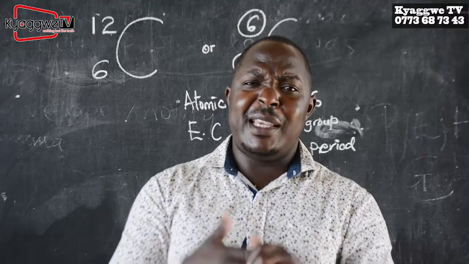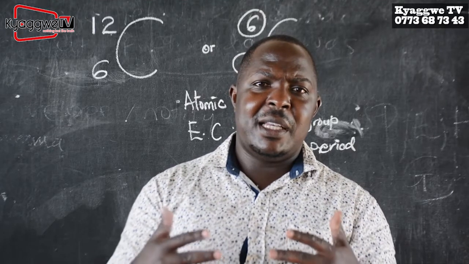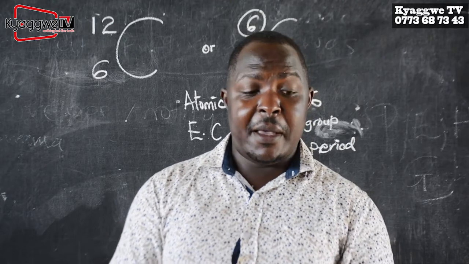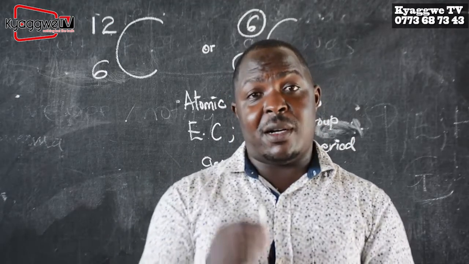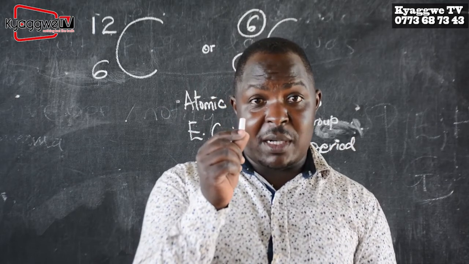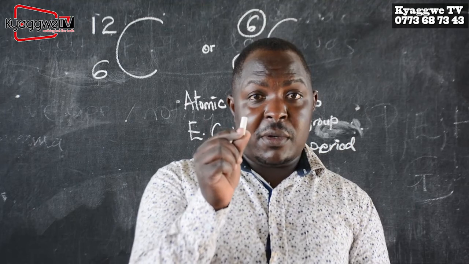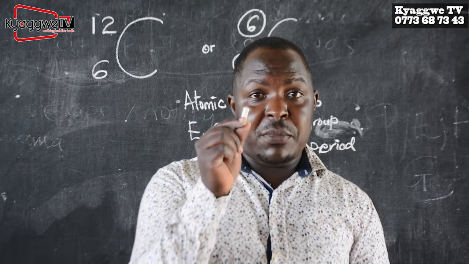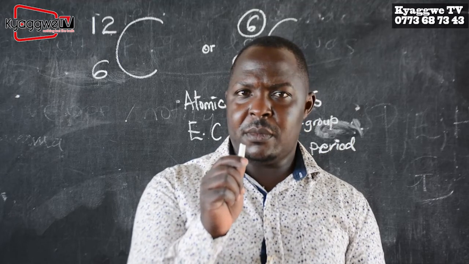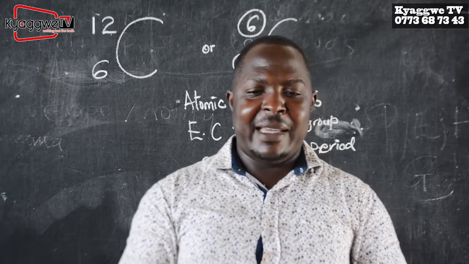So carbon is such an element that drives the world we live in. Even the piece of chalk, this one here, the chemical formula, chalk is calcium carbonate. It contains carbon.